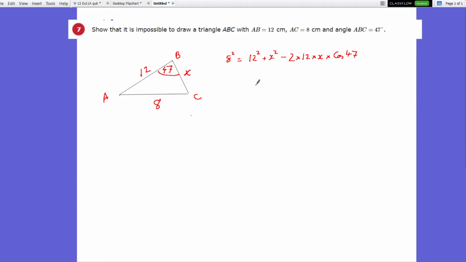Okay, sweet. Right, so on your calculator, if you put this information in, you're going to get 8 squared is 64. You're going to get 12 squared, which is 144. x squared is going to remain there because hopefully we're going to end up with some kind of quadratic here.